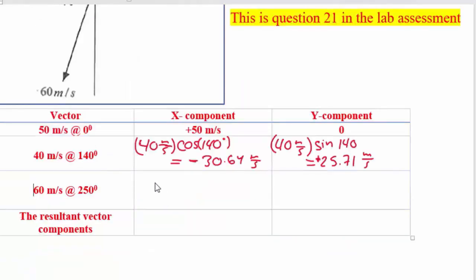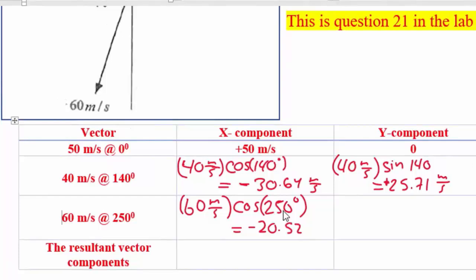Now we'll do the same thing with the third vector. We'll find the x component by multiplying the magnitude of the vector by cosine the standard angle. So 60 cosine 250 will yield negative 20.52. Cosine 250 will give you negative 0.342. And again, guys, make sure that you set the calculator at the degree mode, not the radian mode. The y component will be 60 meters per second times sine 250. Sine 250 will yield negative 0.940.